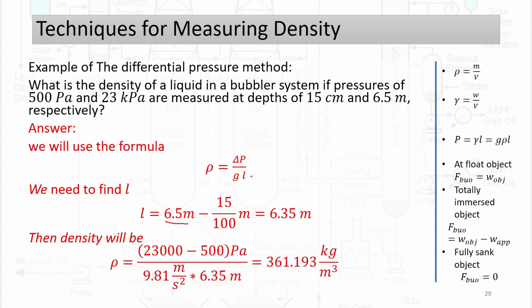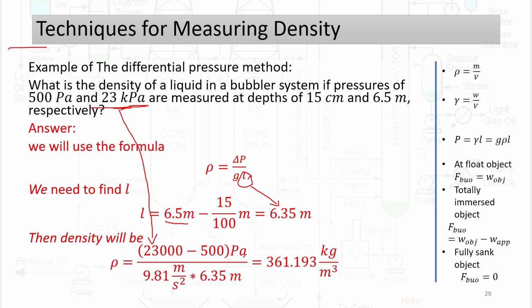Then substitute the height here for the L. It gives me the differential pressure, which is 2300 kilopascal minus 500 pascal.